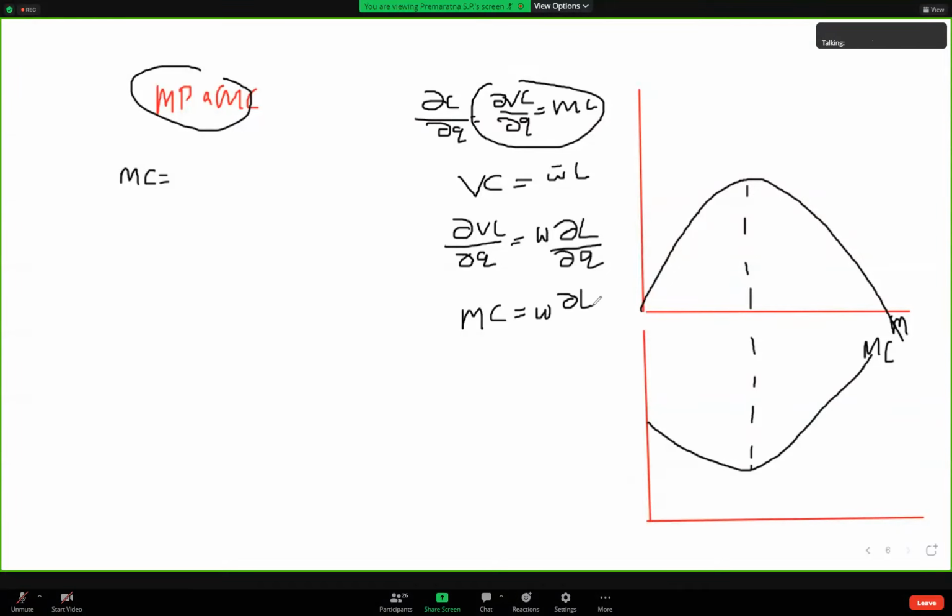The part here is dL/dQ, and this part again is perhaps not familiar to you.